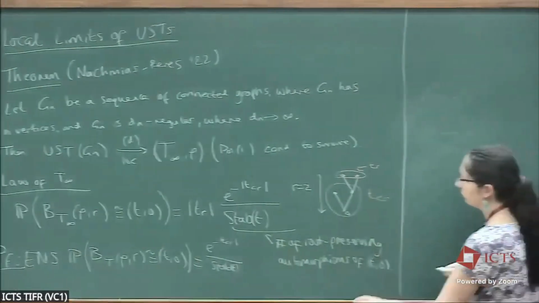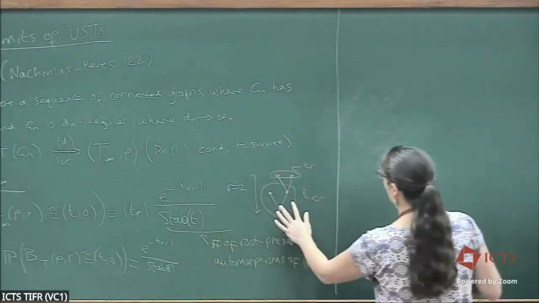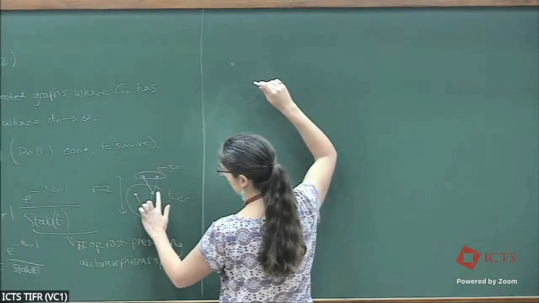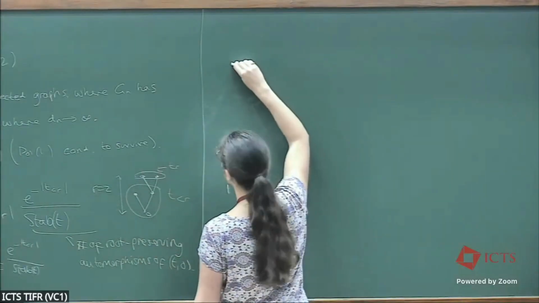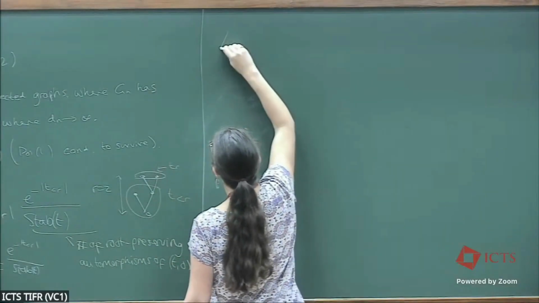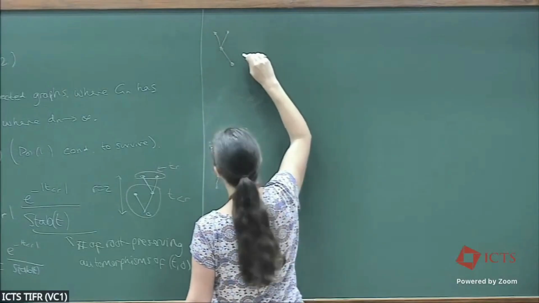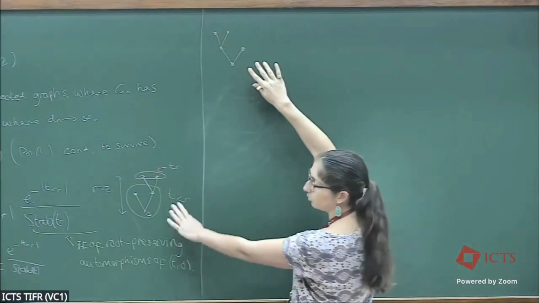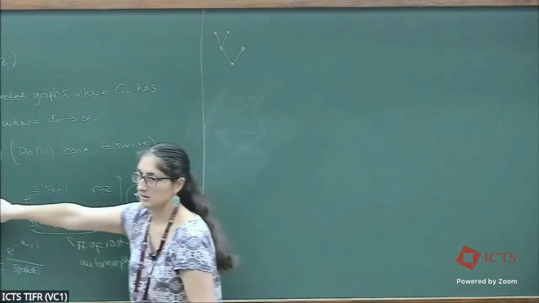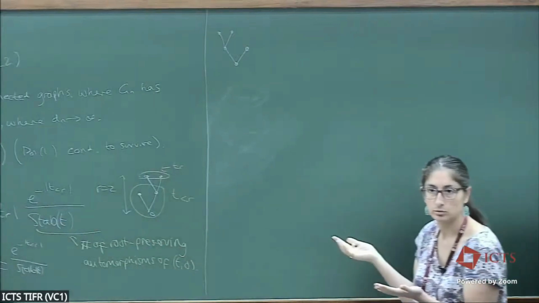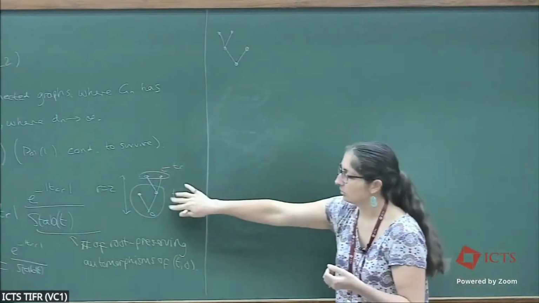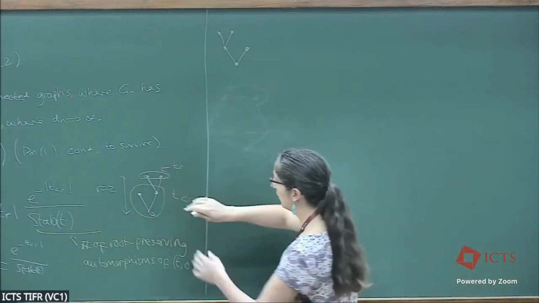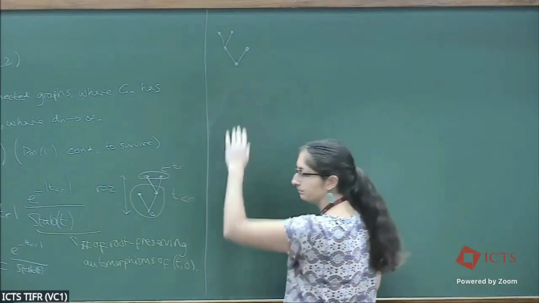So if I want my Poisson tree to look like this, it might look like the one I drew, or I could switch these two children, and so it might also look like this, which is a tree isomorphic to this tree, so it's still counted in this event. But it's not the same event for the Poisson tree, because we've switched the order and these are counted differently for Poisson trees. So I have to count how many ways I can draw this in the plane.